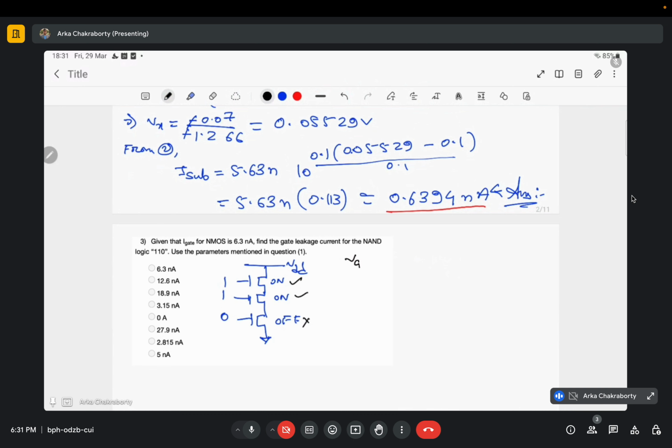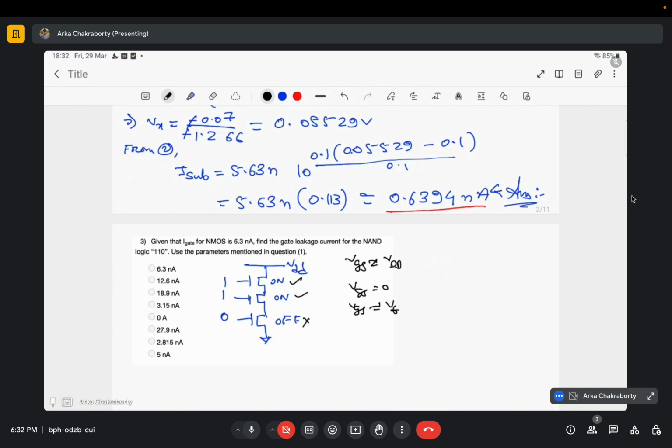If it is 0 or near Vt, we will not consider the gate leakage current, because it will be too small to consider.